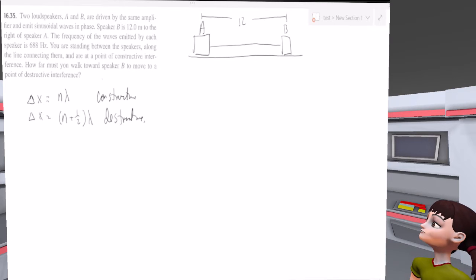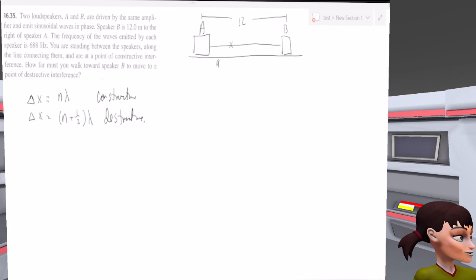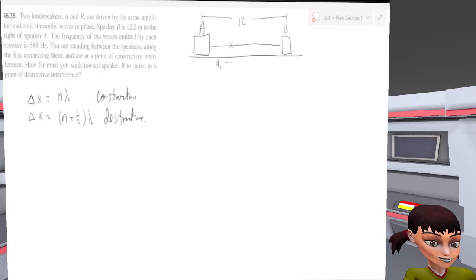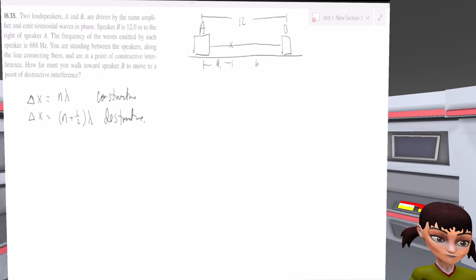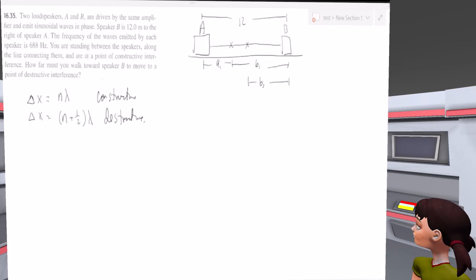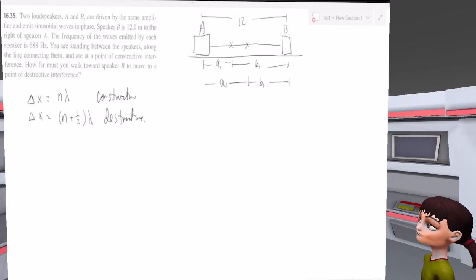And we begin at some distance, that's A1, B1. And we move closer to B, so that the second distance to speaker B is that, and that.